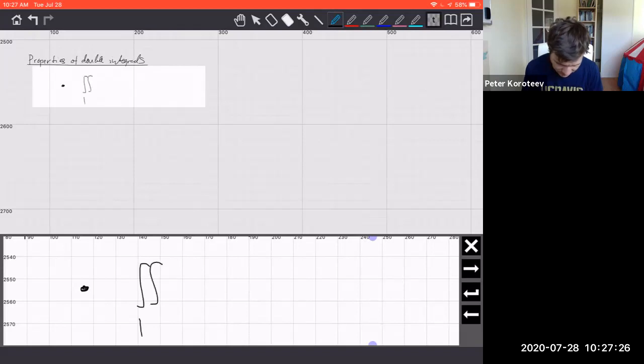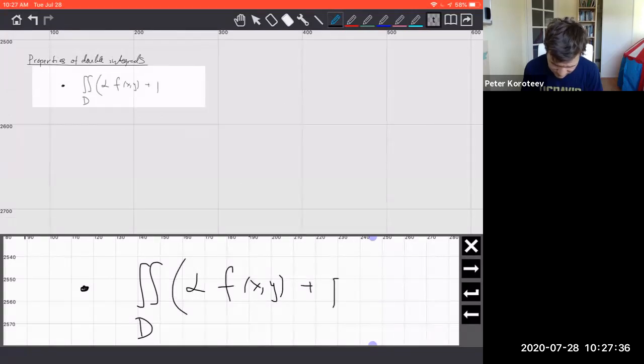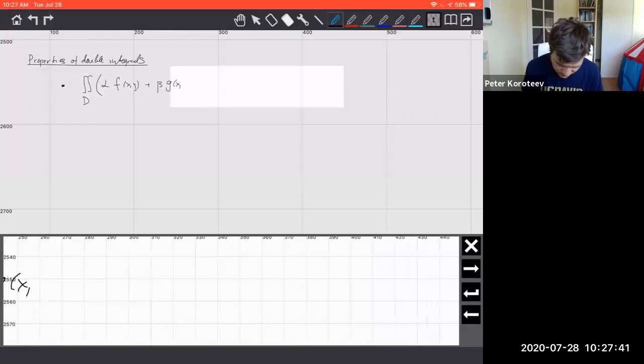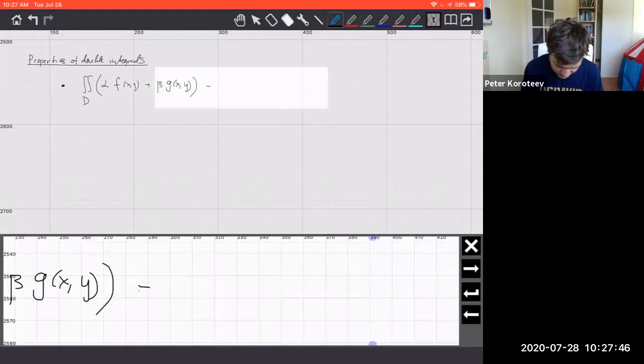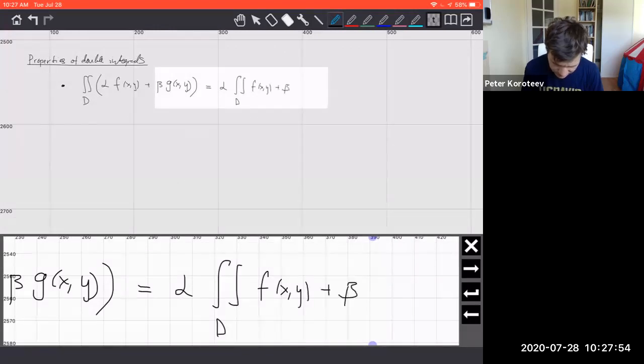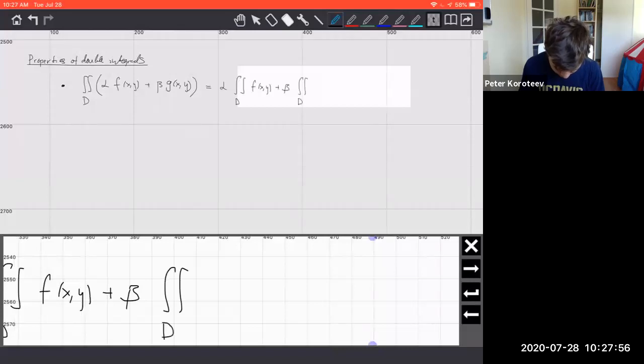So the double integral over domain D. The function is linear, right? So if you have two functions f and g of x, y, if you do clean algebra, you know exactly what this means. So that's equal to alpha double integral over D of f(x, y) plus beta double integral of g(x, y). So that's the linear property.